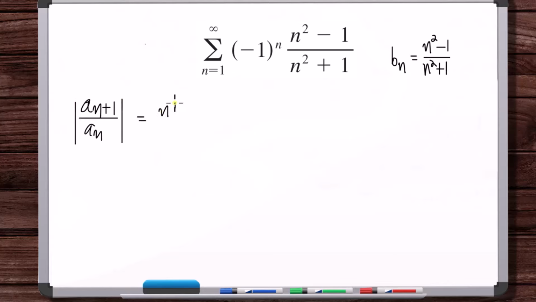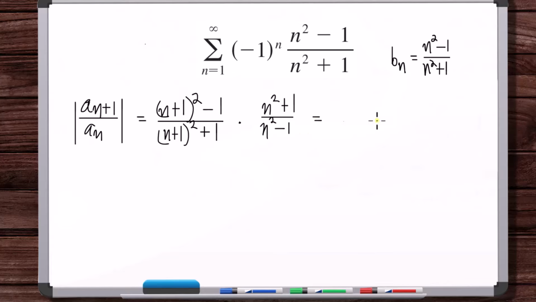All right, so n plus 1 squared minus 1 over n plus 1 squared plus 1 times n squared plus 1 over n squared minus 1. So we've got n squared plus 2n plus 1 minus 1. Okay, and then we've got n squared plus 2n plus 1 plus 1.